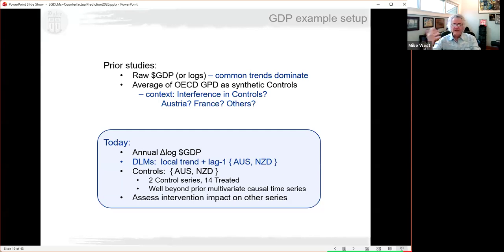And when we look at the data historically, the changes were the smallest there anyway. And I'll make the point that in the causal time series literature, which is only just beginning to get multivariate, people are still looking at bivariate series with a single control. So the scalability here is quite in advance, and SGDLMs allow that.